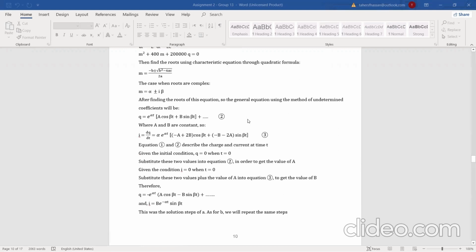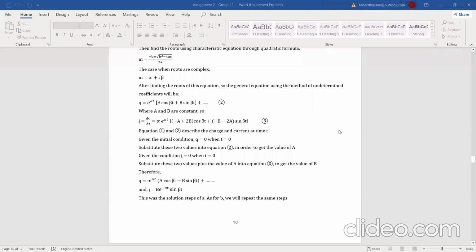So I equals dq over dt, which equals alpha e to the power alpha t, times the bracket of negative A plus 2B cosine beta t, plus negative B minus 2A sine beta t.